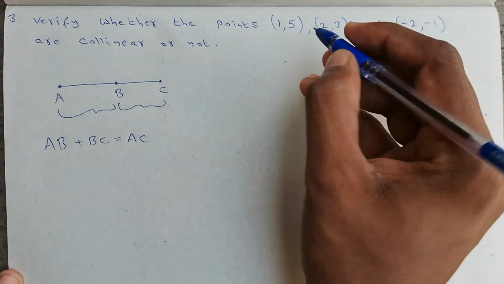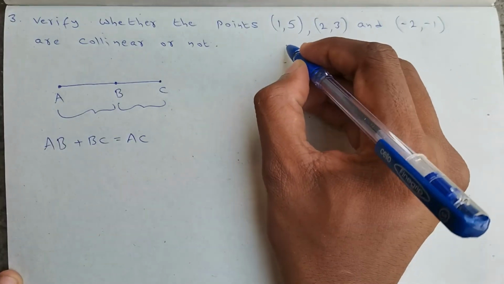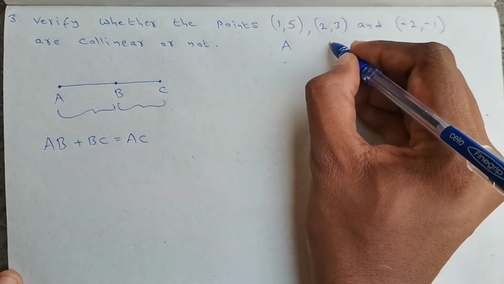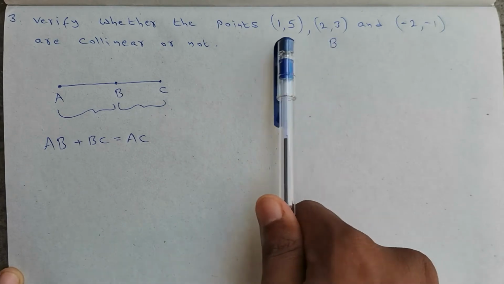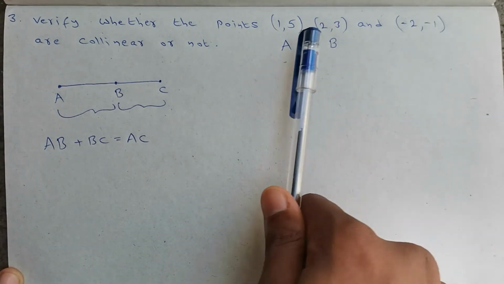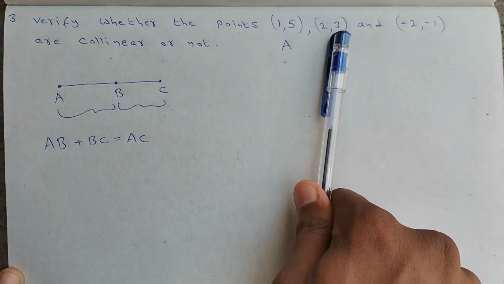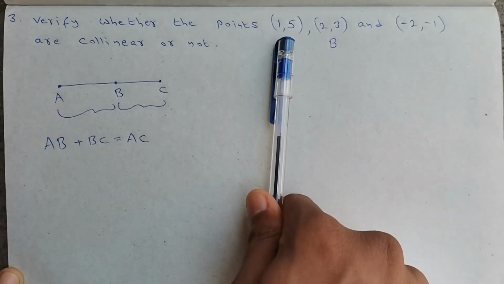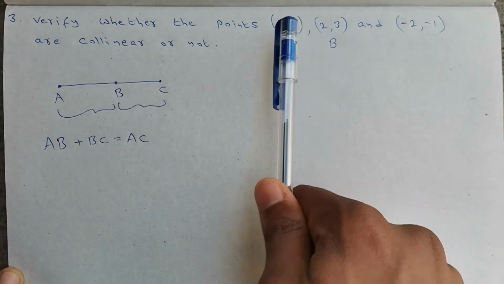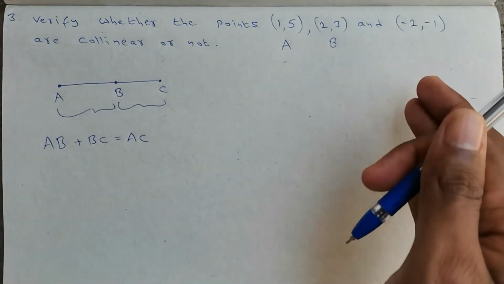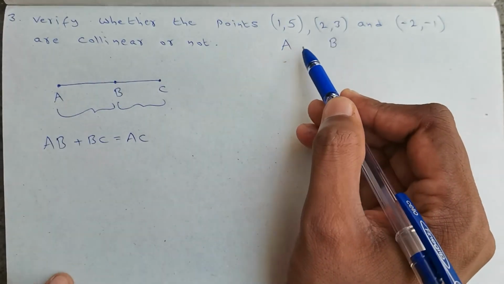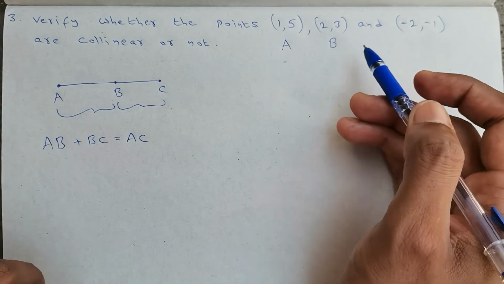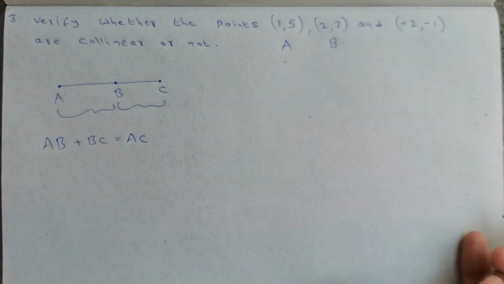So this is the logic we need to remember while solving collinear. Now first this (1, 5) I am taking as point A and (2, 3) as point B. And here he didn't mention anywhere that this is the exact order, that this is particularly A, this is particularly B, this is particularly C. It may be A or B or C, whatever it may be. The order is not exactly mentioned here. So if this is point A and this is point B, let us check now.